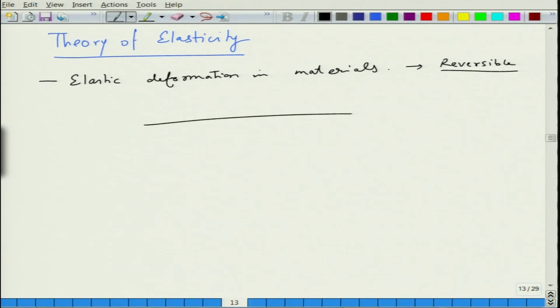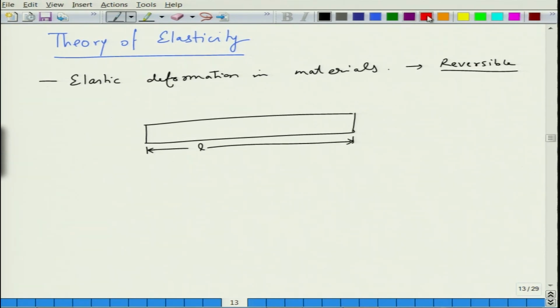So, when you stretch something, let us say of length L, and when you stretch it to let us say L plus delta, this is upon application of load. Okay. So, this is where you apply the load. When you release the load, the material gets back to its original dimensions.